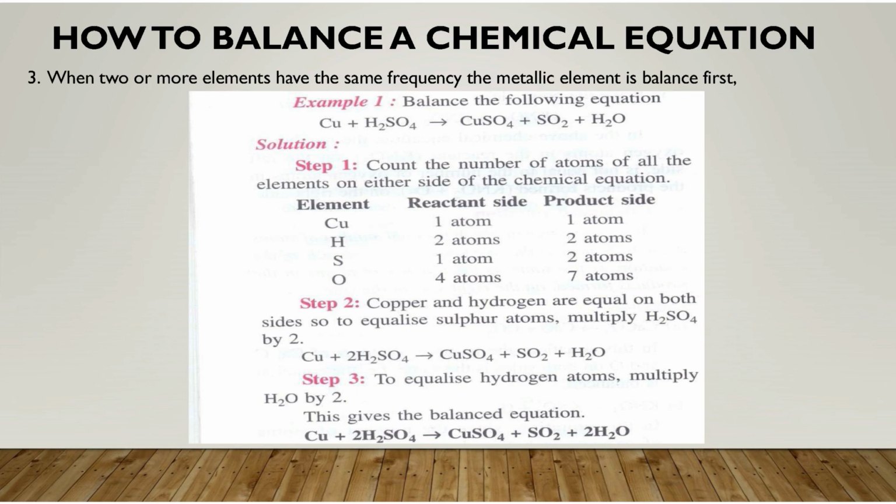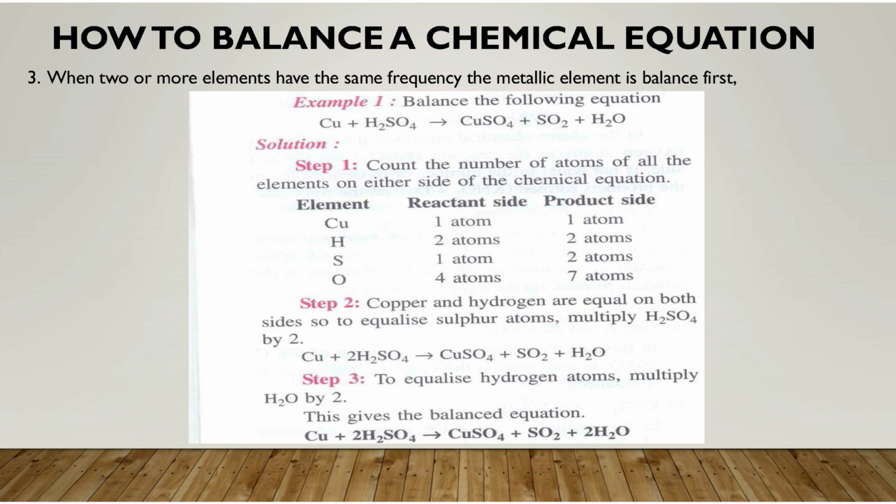We make 3 columns: element, reactant side, product side. The first element is copper. On the reactant side we see 1 atom of copper and on the product side 1 atom, so it is equal, no problem. Then hydrogen: on the reactant side 2 atoms, on the product side 2 atoms, it is balanced.